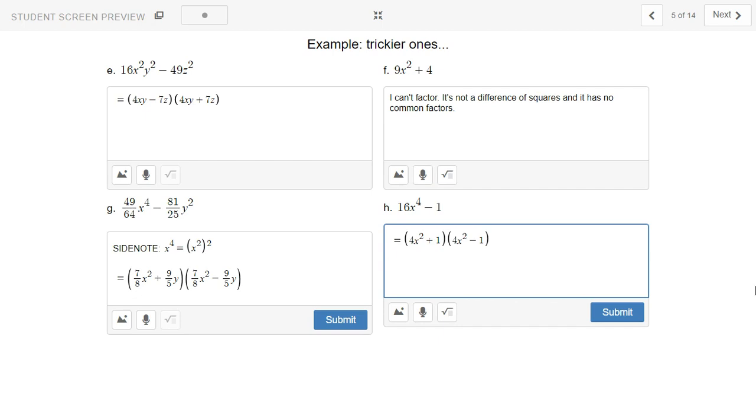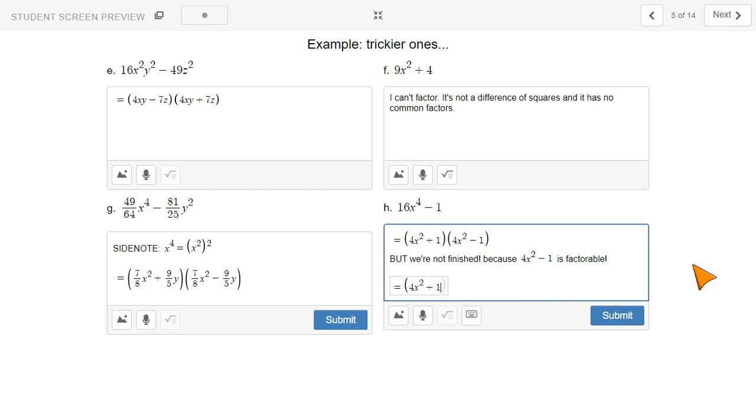But we're not finished in this one, because 4x squared minus 1 is factorable. So since this is another difference of squares, we're going to have to continue. We're rewriting the first term, and then the second term, we're going to factor. So 2x plus 1, 2x minus 1.